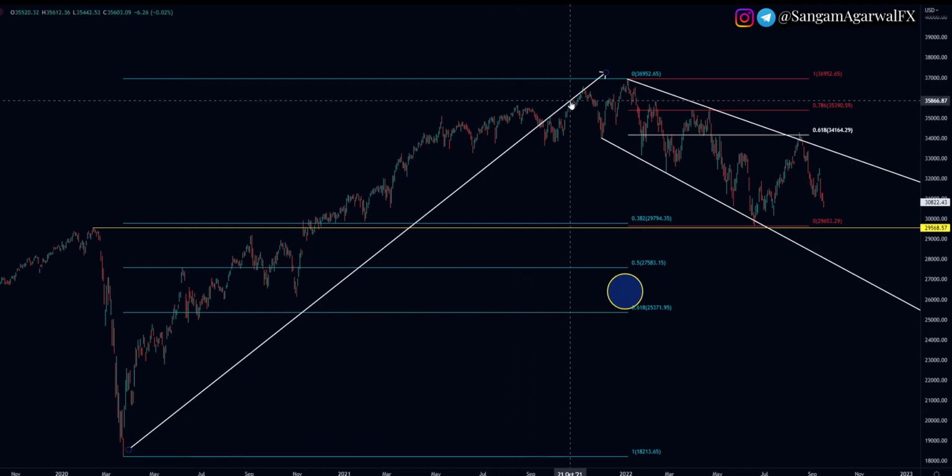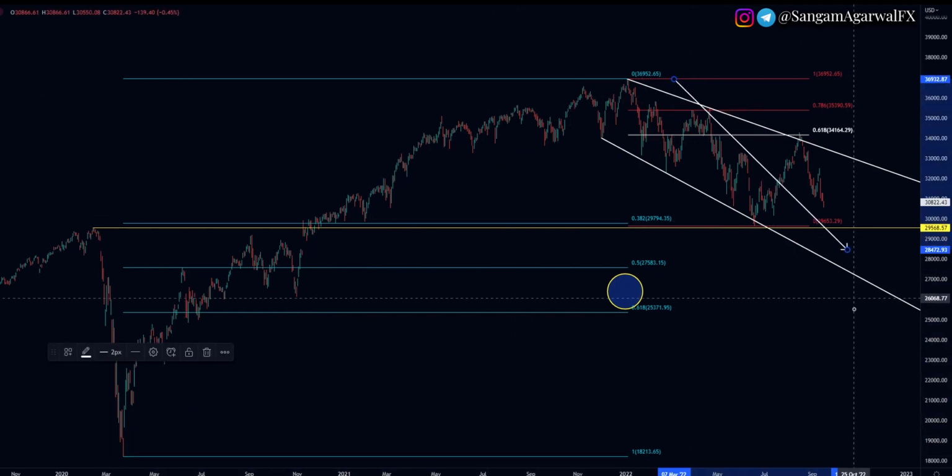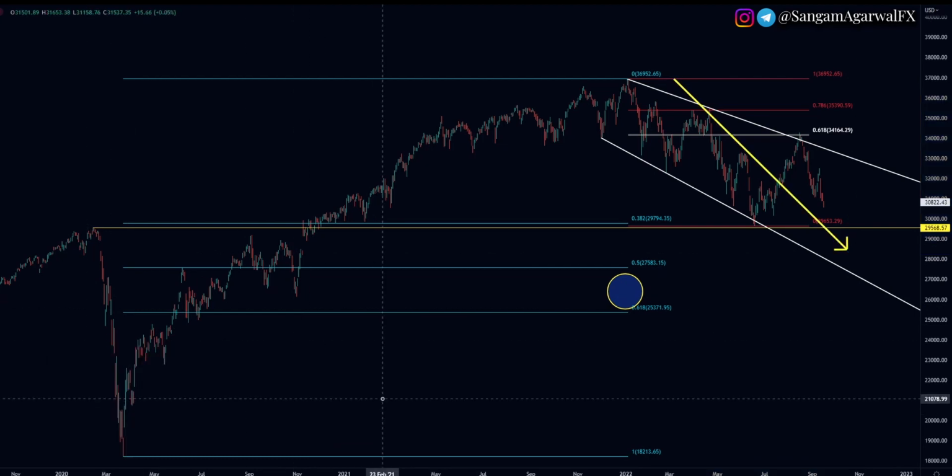But a new trend has started, and it is a bearish trend, and it is driven by the Fed QT monetary policy.